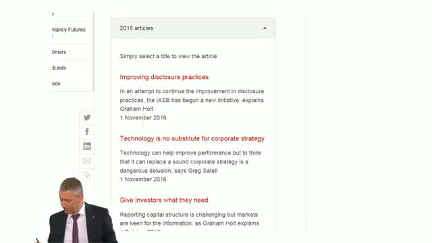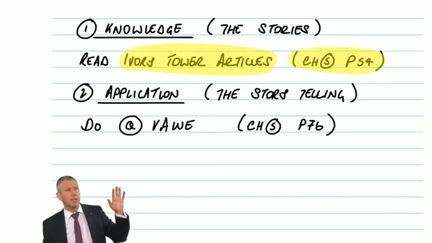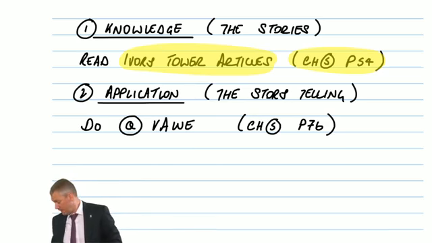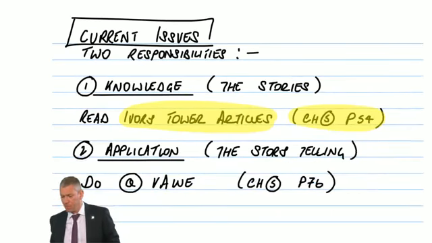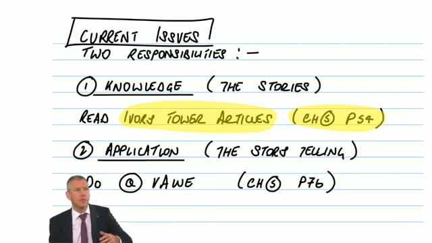So is everyone clear? Any questions before I have a go at this question myself? I'm just going to show this again. Your responsibility as regards current issues is really simple. You've got to get into actually writing answers by doing question value, and you've got to get into the knowledge of the Ivory Tower by reading those articles.